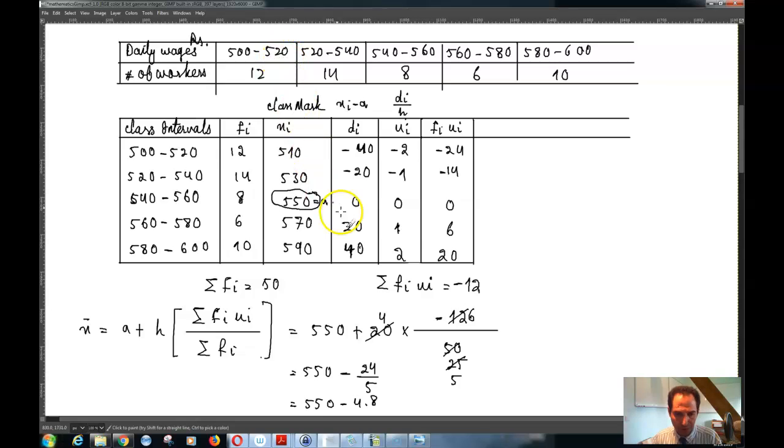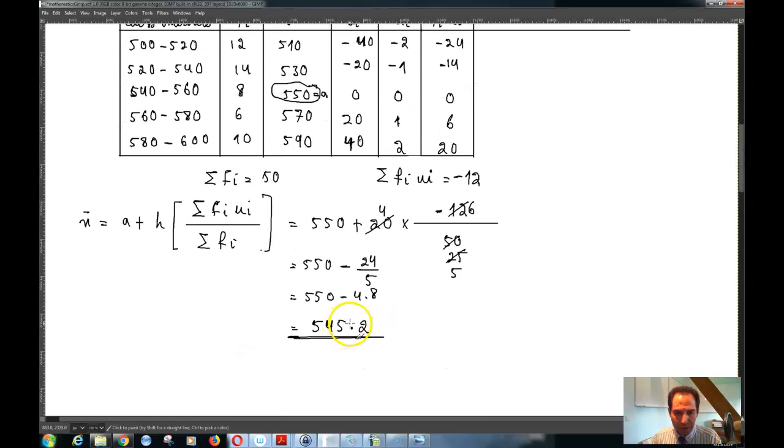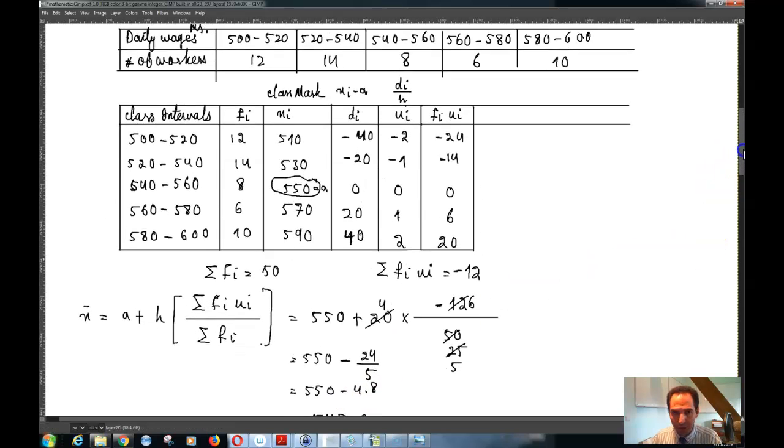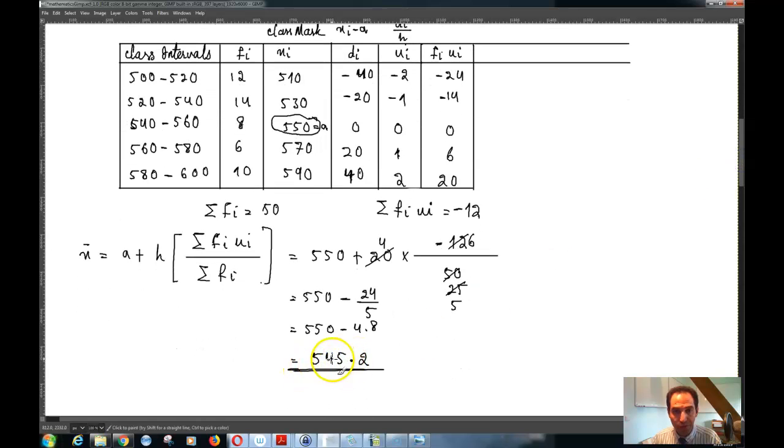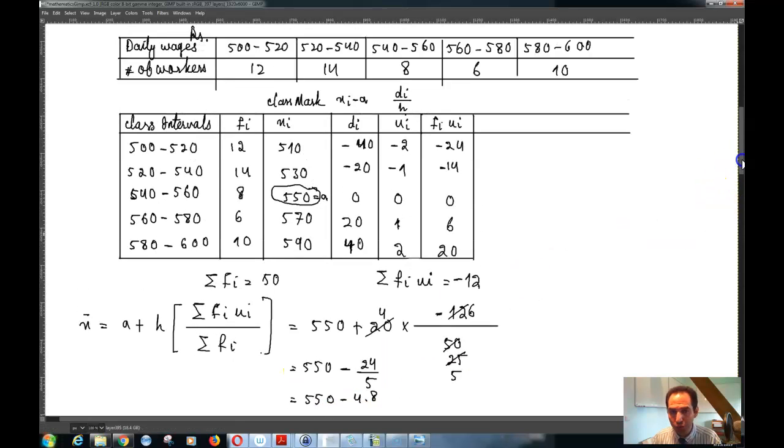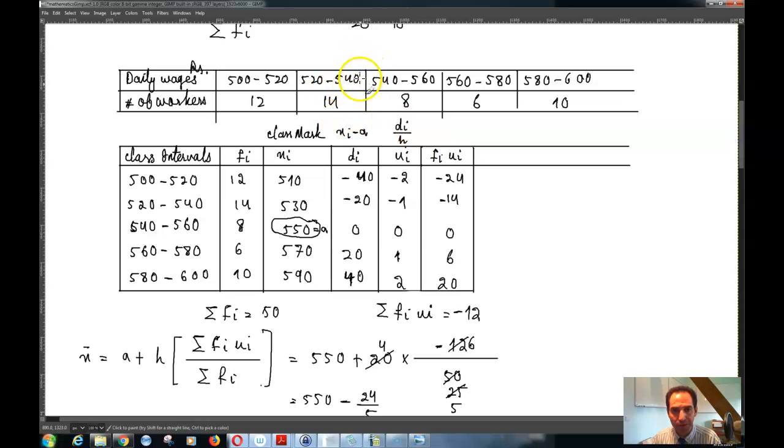So now that we have calculated the mean of this data, what that means is that the daily wage of any worker is on average 545.2 rupees. Somewhere over here.